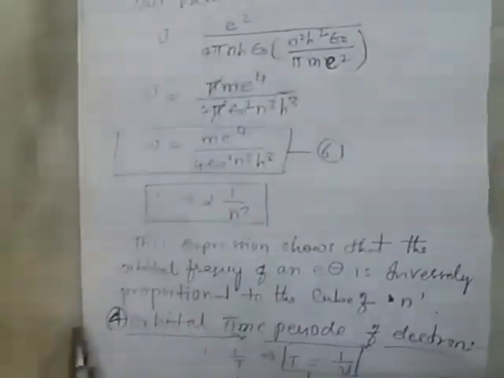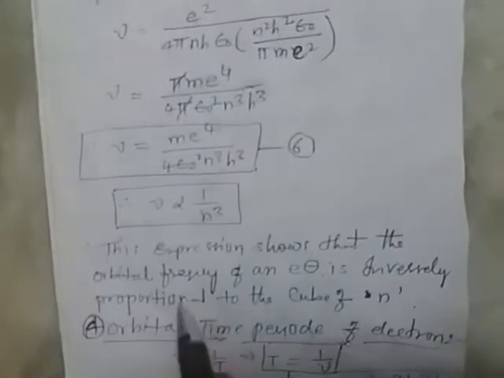We have to determine the frequency of the orbit of an electron.